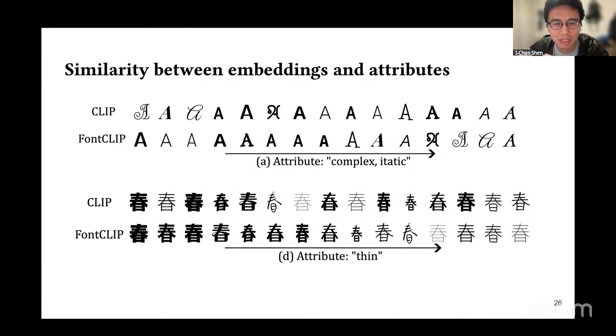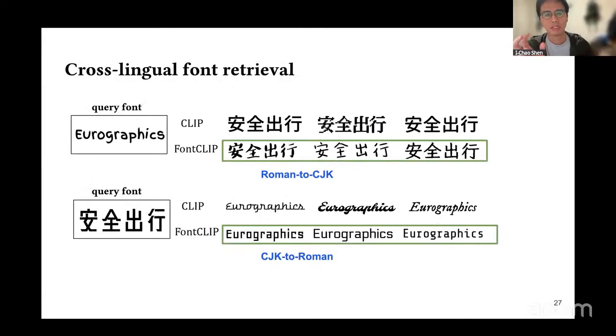That means the FontCLIP embedding space also learns typography features that can apply to different languages. Then we extract a feature from this embedding space and perform cross-lingual font retrieval.